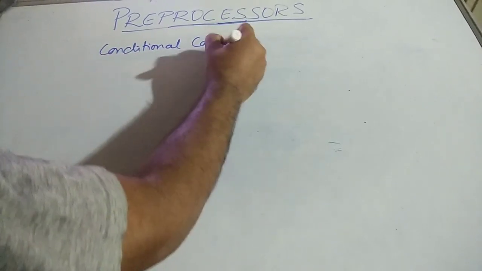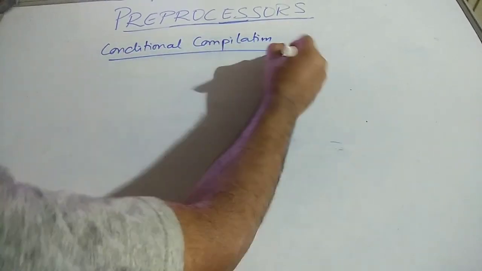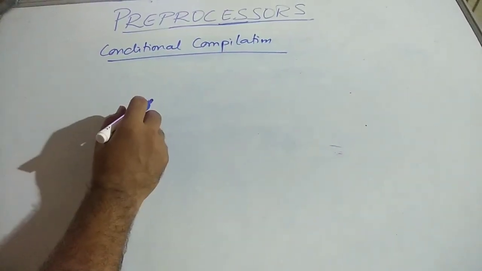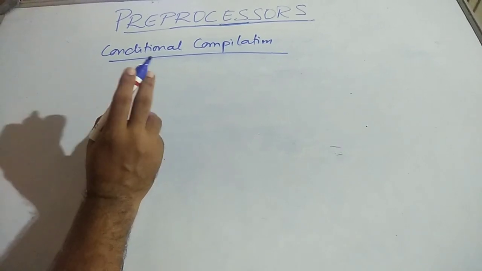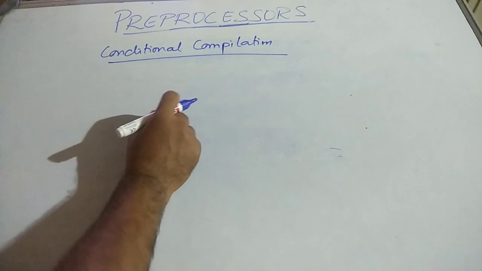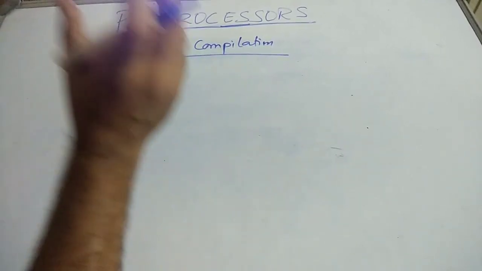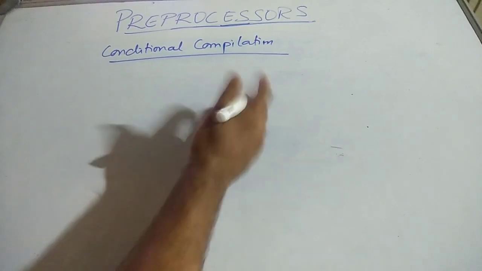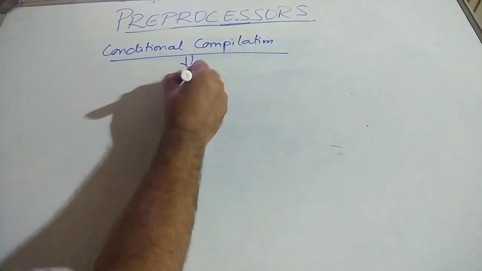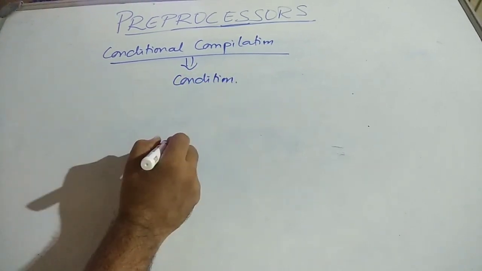Conditional compilation. These conditional compilation directives are the type of directives which help the compiler to compile a specific portion of a program, or to skip compilation of some specific part of the program, based on the condition specified.